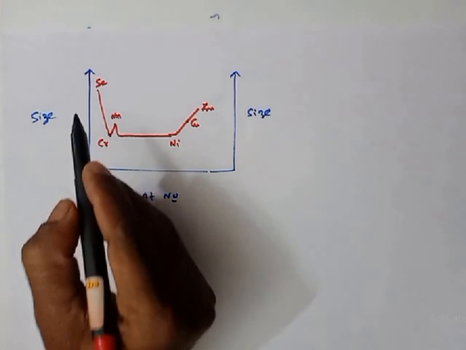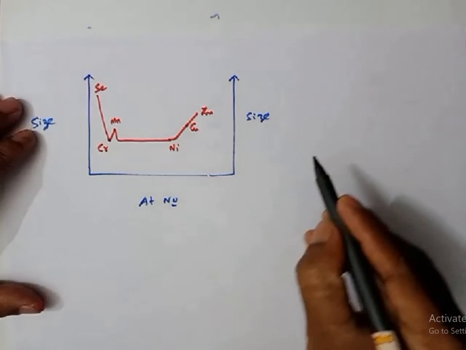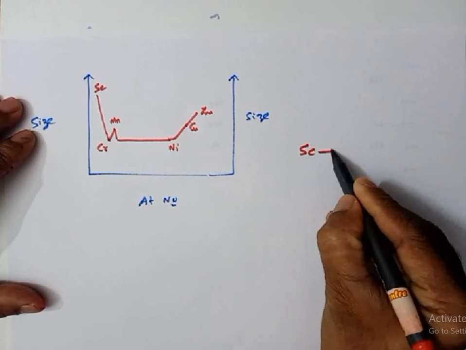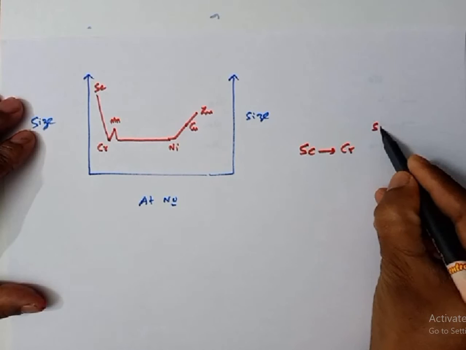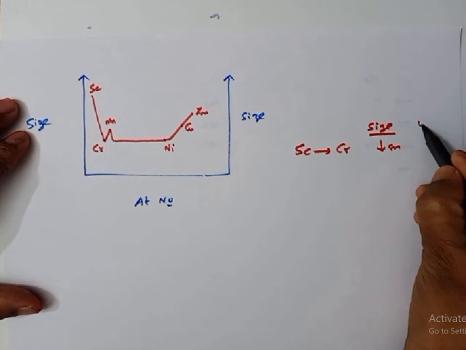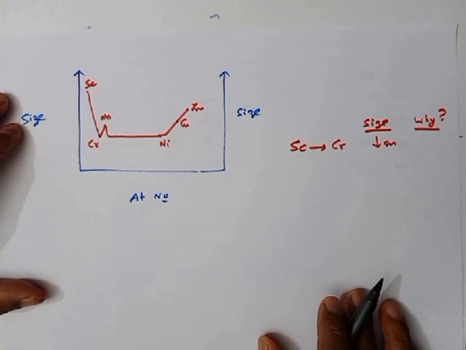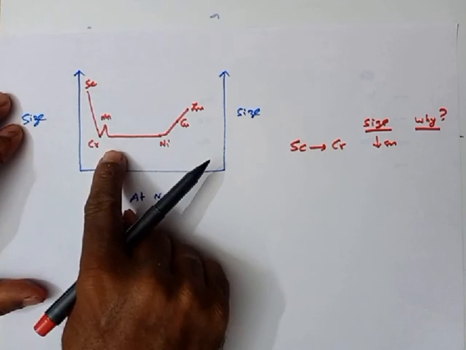Why does size decrease from scandium to chromium? Scandium to chromium, size decreases. Can you tell me the reason, student? Why?